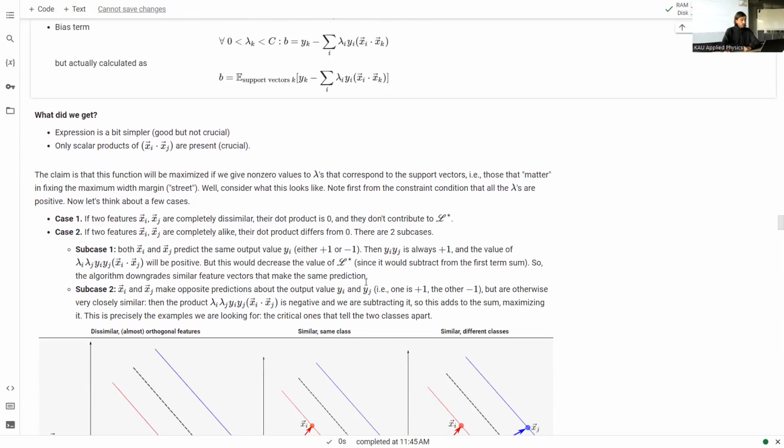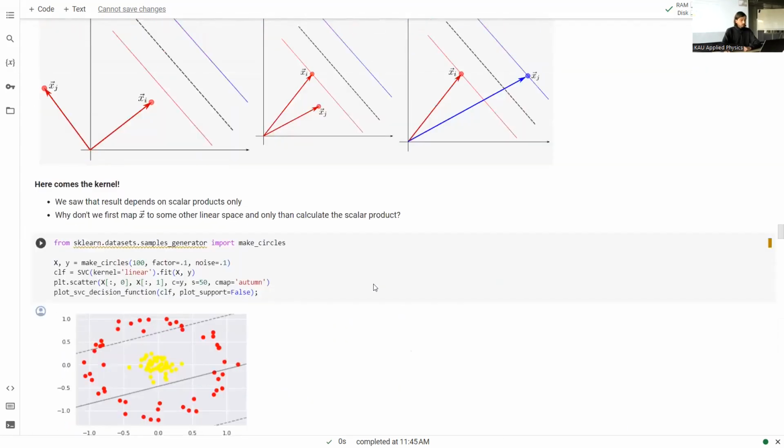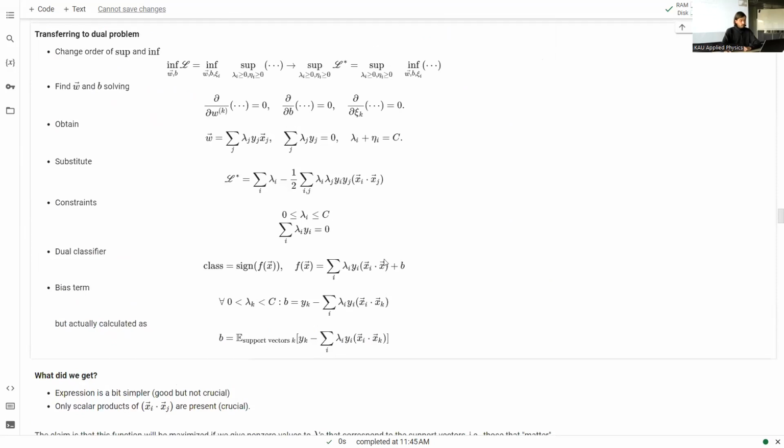Okay, so what did we get at the end of the day? We have transferred to the dual problem. And here is a very nice property that we will use in a moment. I just want you to take notice of it, and I will show you how that plays out when we move further with kernelized SVM.